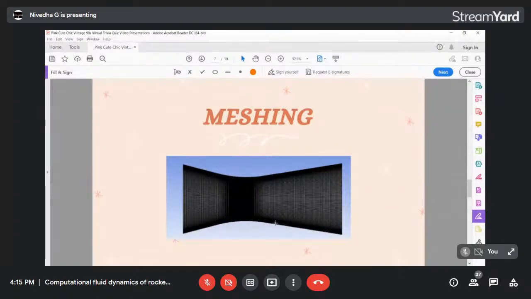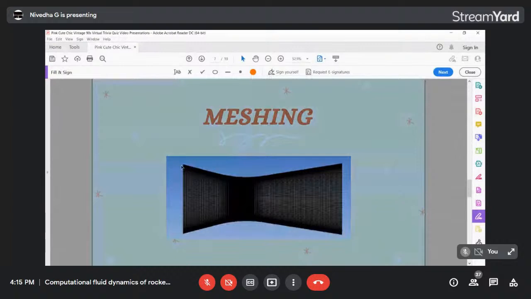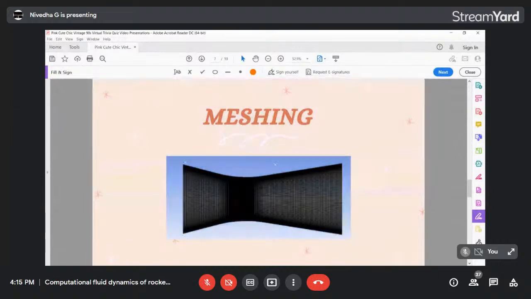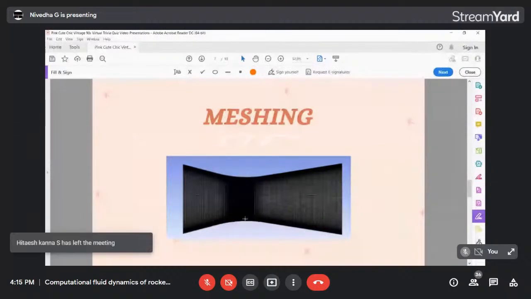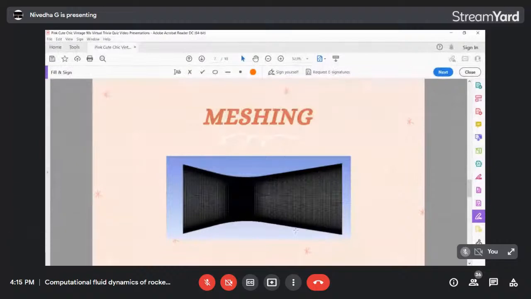After this is done, one more main part before the post processing is that you'll have to give named selections for your nozzle. For example, this becomes your inlet, and this becomes your throat. These become your outlet. The other portion should be named as walls.